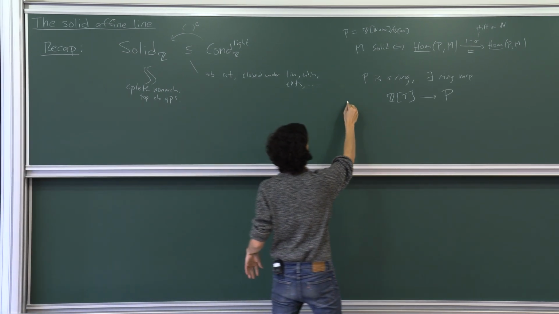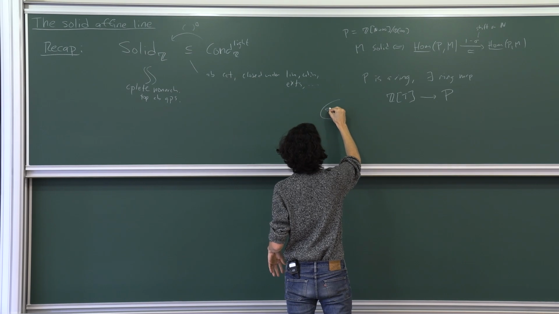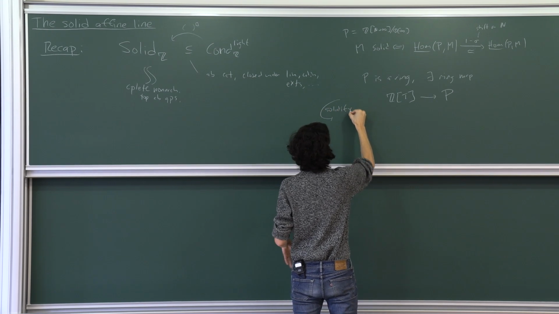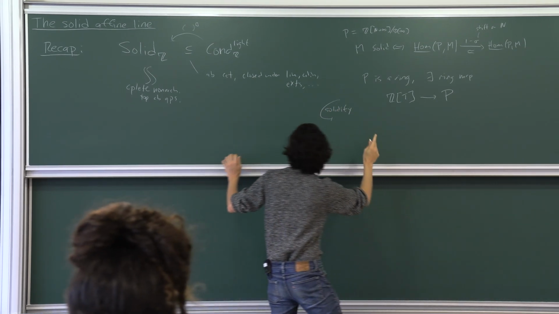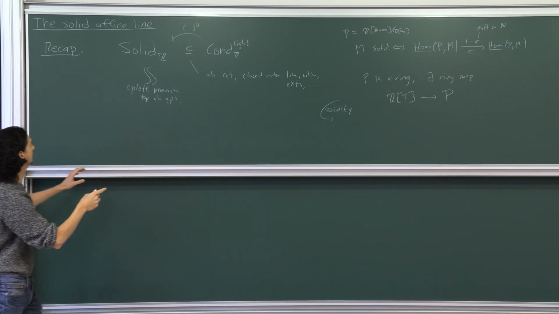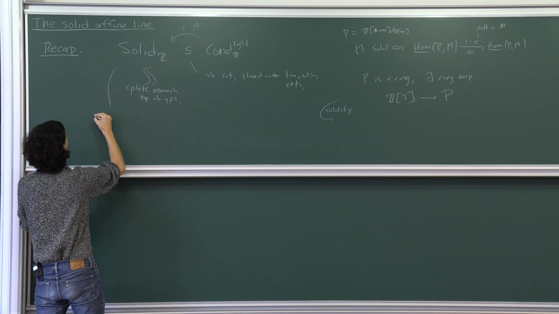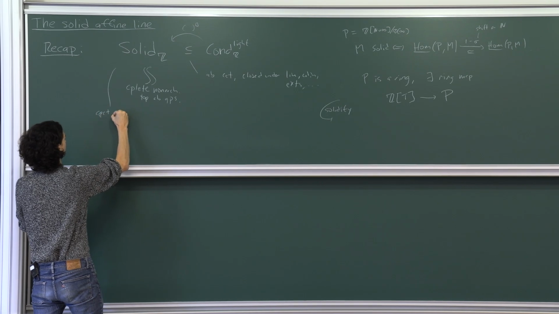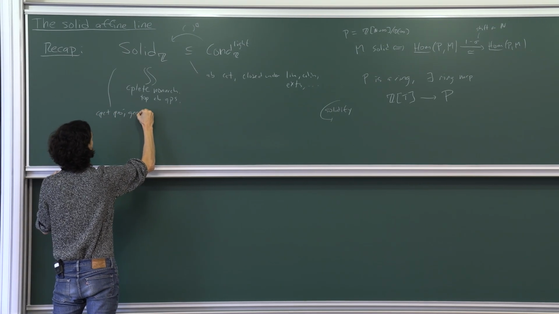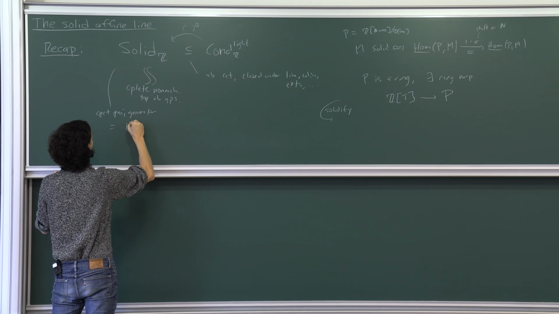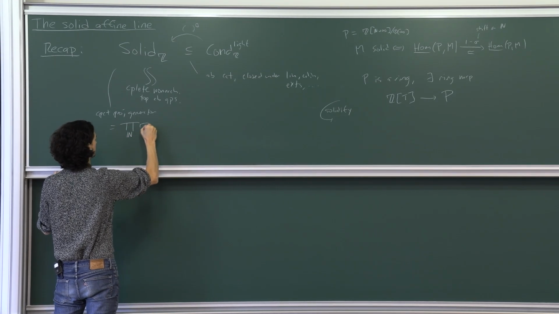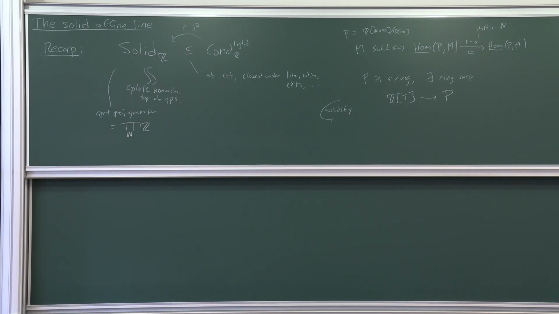So when we solidify, we actually already explained what the free module on P is. So there's a compact projective generator here, which was a countable product of copies of Z. That's kind of the basic object from which everything is built.